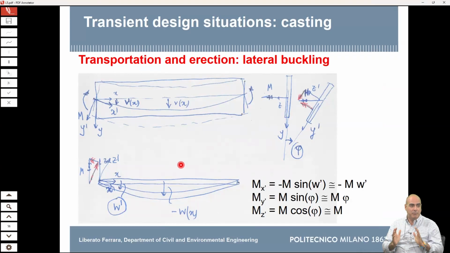Now, this is a buckling problem. And buckling problems, you know, were mathematically formulated correctly by Euler about 300 years ago. Euler was one of the greatest mathematicians of all history.